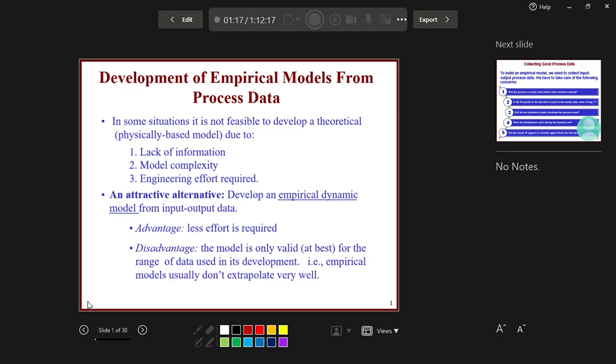However, there is a main disadvantage in this approach. The disadvantage is that the model created using this method is valid only for the operating conditions at which the data was collected. So that means if we use the model at different operating conditions, it will not be valid.